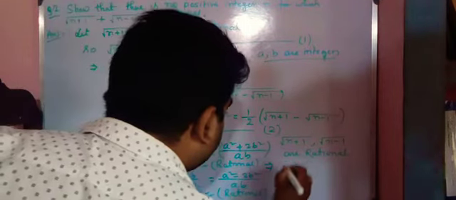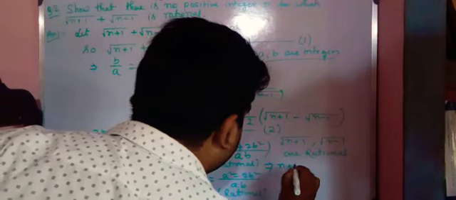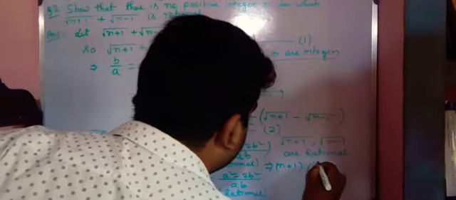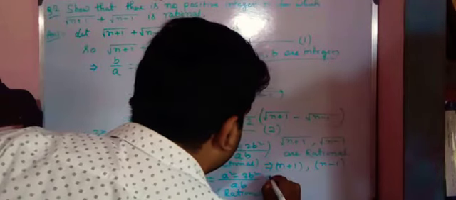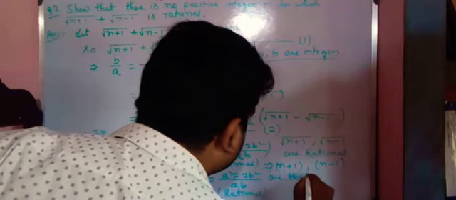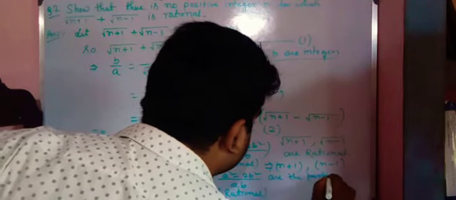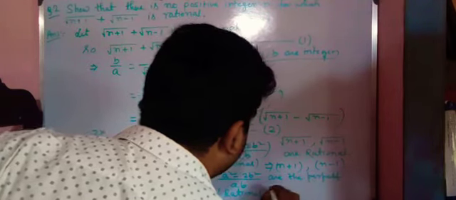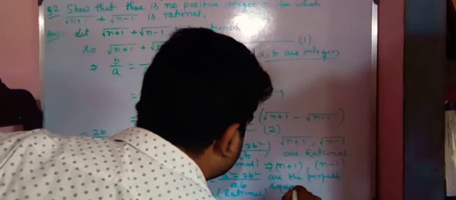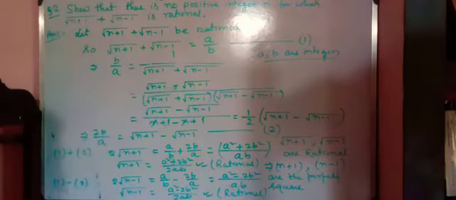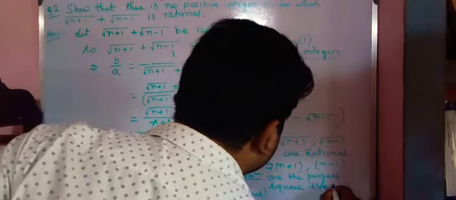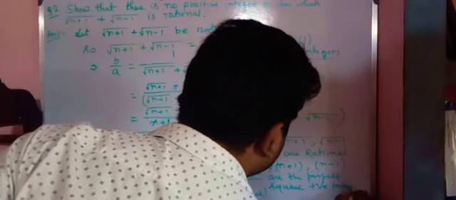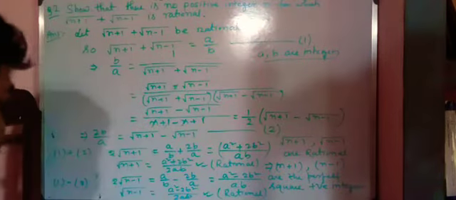From here we can write that n plus 1 and n minus 1 are perfect squares. These two are perfect squares of rational numbers, of positive integers.